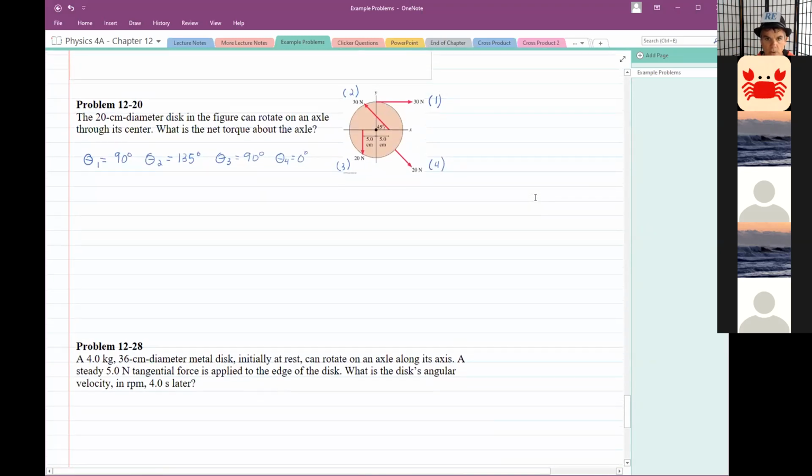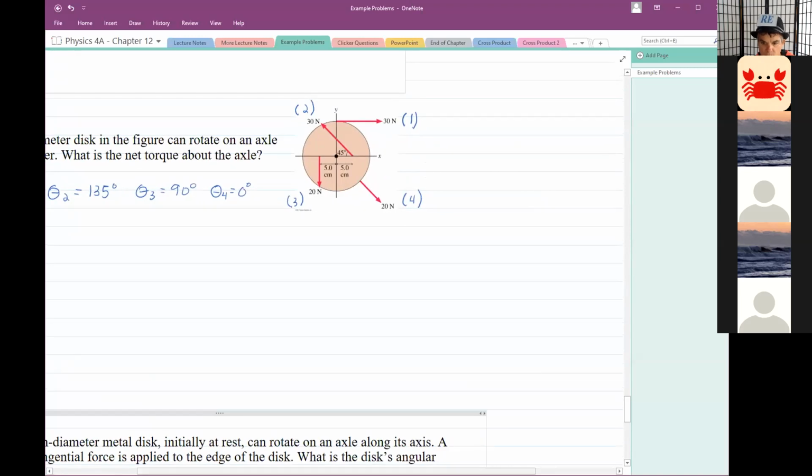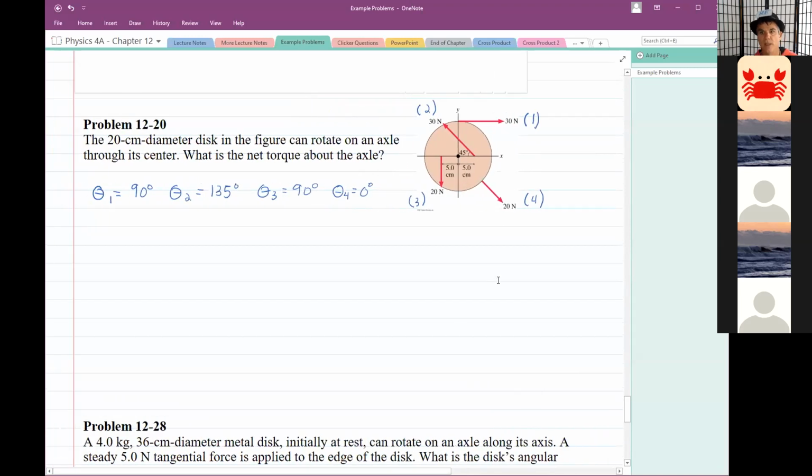Okay, so let's actually go and calculate this whole answer. What I did, just to be clear, is labeled the angle that we would use when calculating each torque. And again, keep in mind that when you're looking at the angle, you're always drawing the vectors tail to tail. So let's just look at 2 of these. For force 2, the R vector would always point from the axis to where the force is applied.